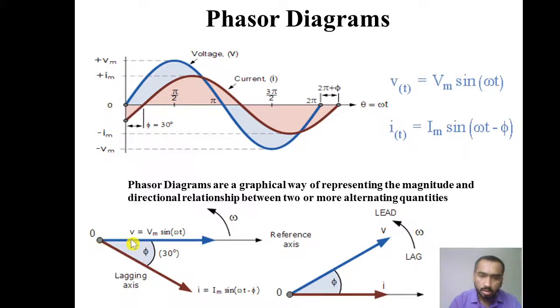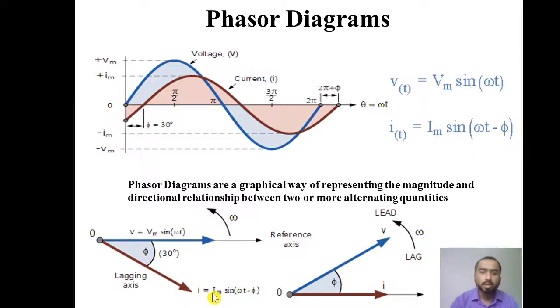Now this is the reference axis, and in this figure the reference is taken as voltage, so voltage is on the reference axis. The length of this blue line is the amplitude of the signal, and this is the current, and this line indicates the amplitude of current.